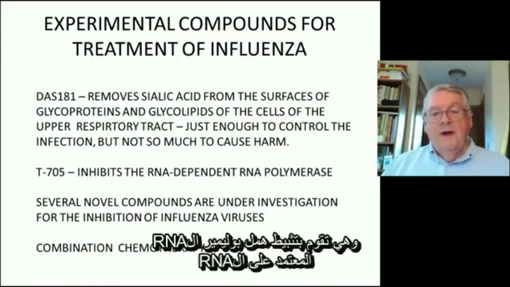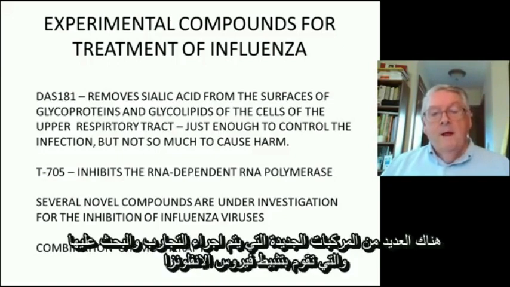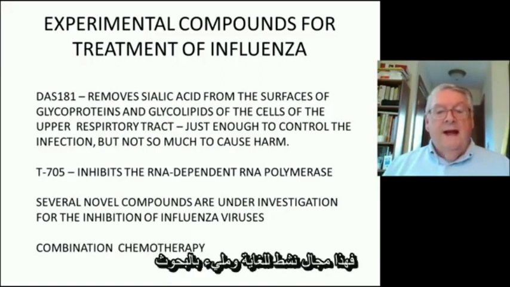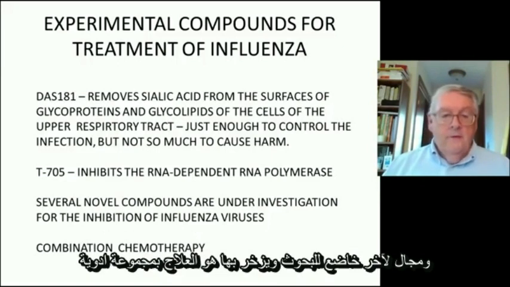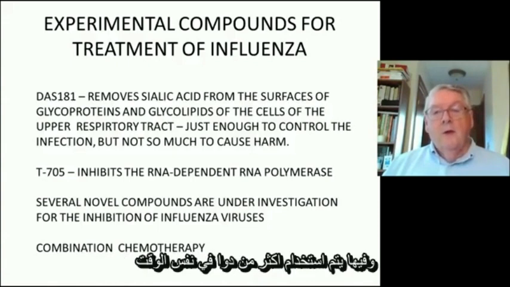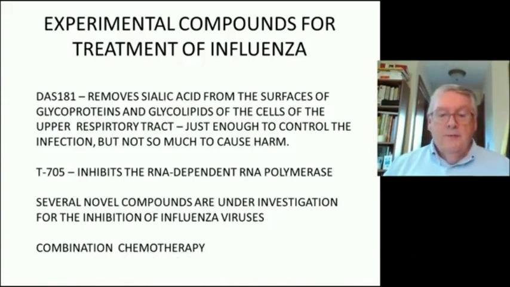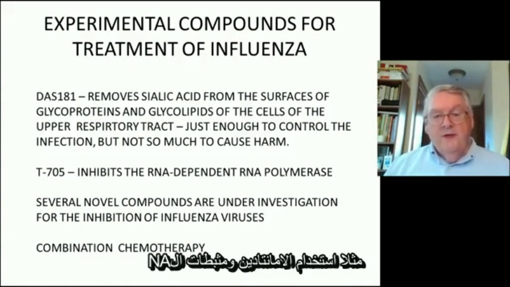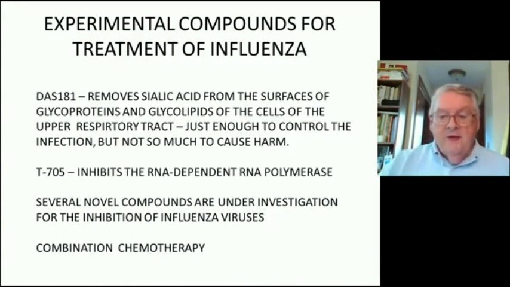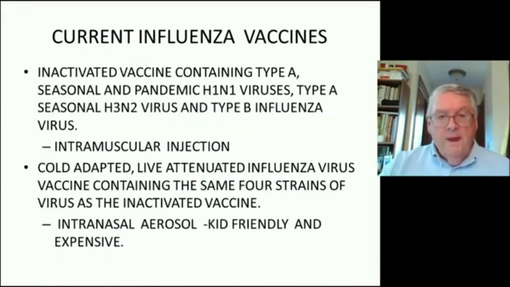This inhibits the RNA-dependent RNA polymerase. There are several novel compounds under investigation for the inhibition of influenza virus. So this is a very active area of research. And another active area of research is combination chemotherapy, where more than one drug is used at the same time. You try one of the amantadines plus neuraminidase inhibitors, something like that, and that's an active field for research.